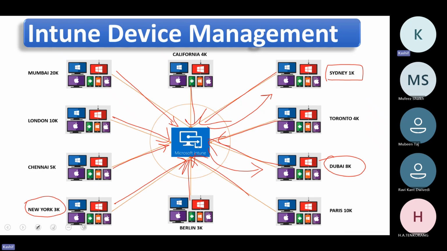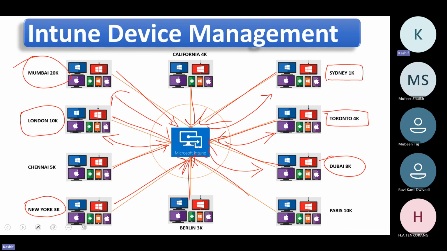For example, I want to block camera and Bluetooth in Toronto. So I can send the policy from here. Suppose somebody lost his device in London. So I'm going to send a policy to erase the data, wipe the device, factory reset the device. Somebody lost his password and is not able to unlock his device in Mumbai. We can reset the password. There are many things which we can do. So you will have complete control of devices.